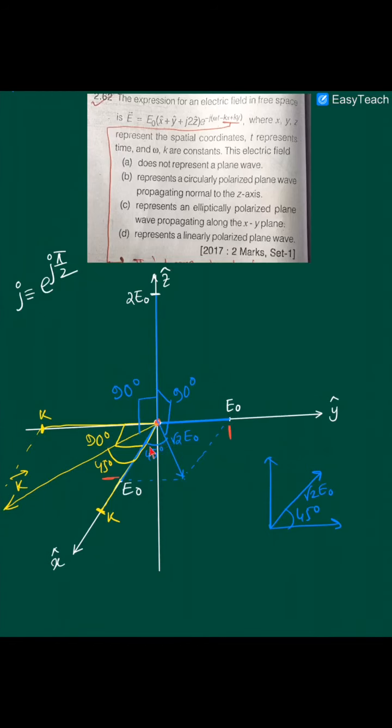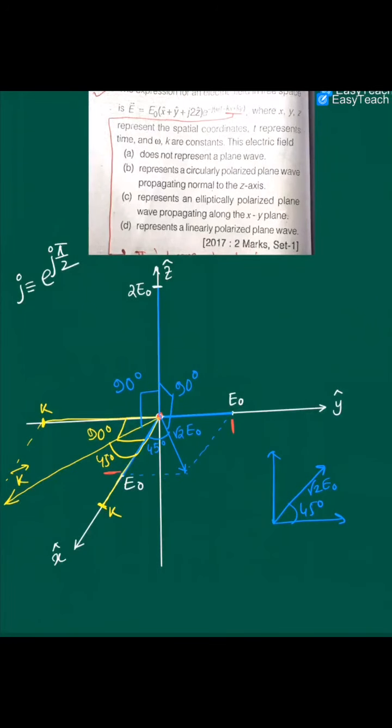This is also 90 degree because here it is 45 degree, it is 45 degree, total 90 degree. Means I am trying to show you that these two components are perpendicular to the propagation vector, and these two components of the electric field will create polarization.